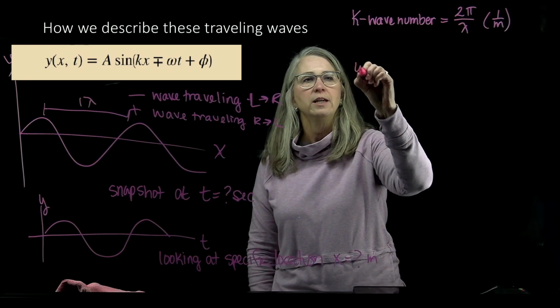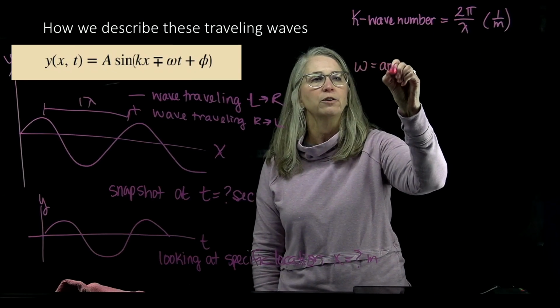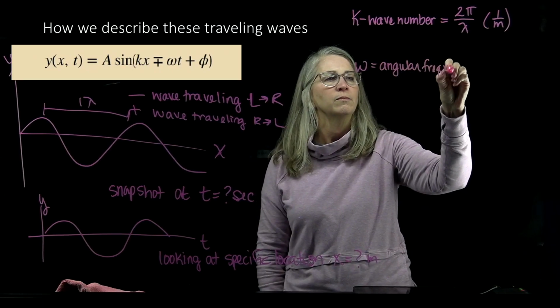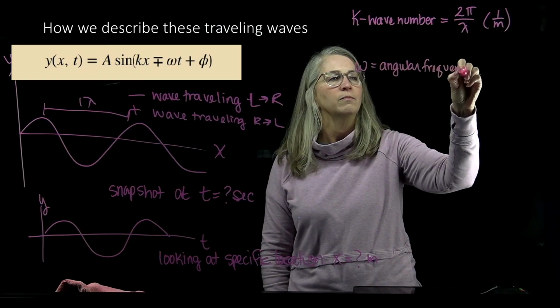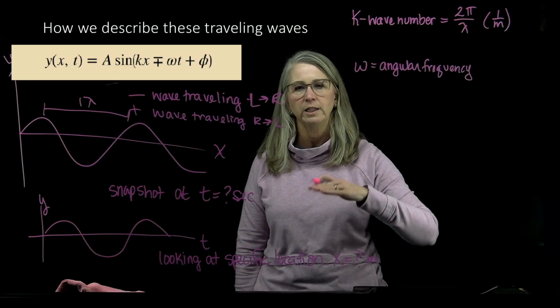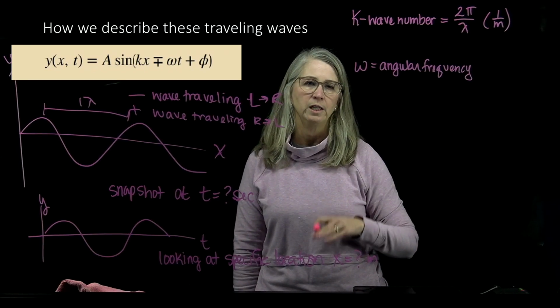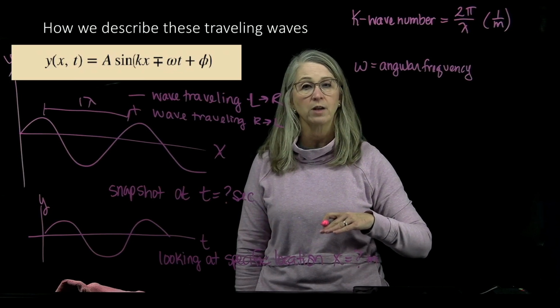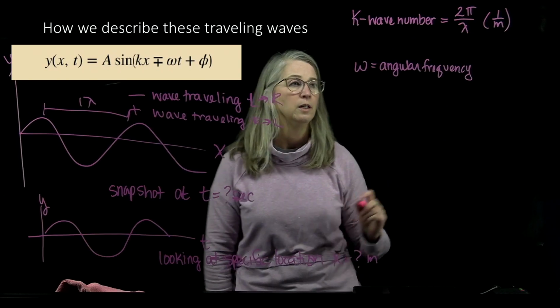Omega, we see here, is the angular frequency. It's really the same value that we saw with simple harmonic motion. It talks about how quickly a particular location on the wave is oscillating back and forth.